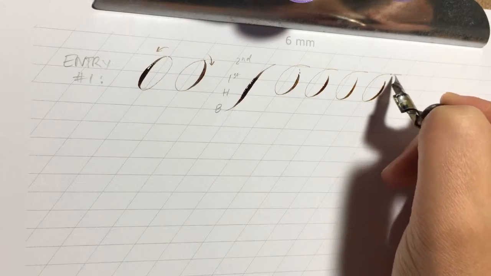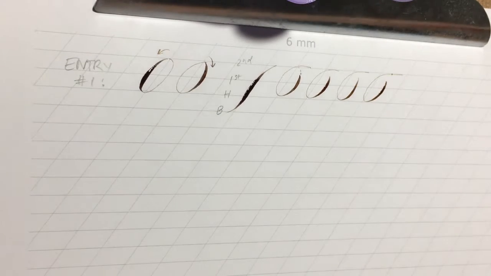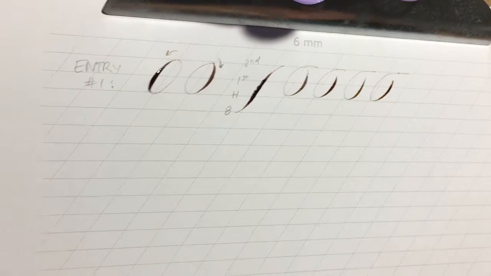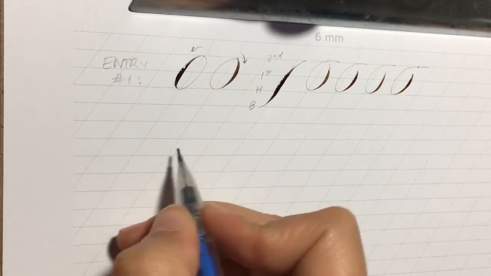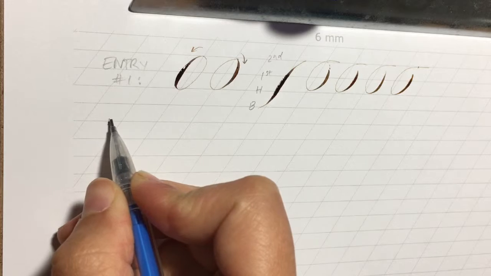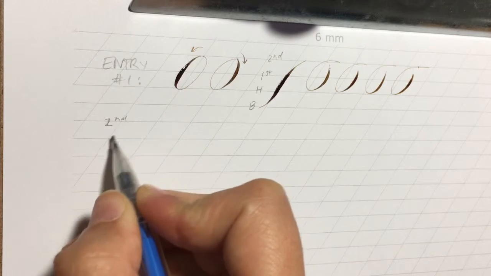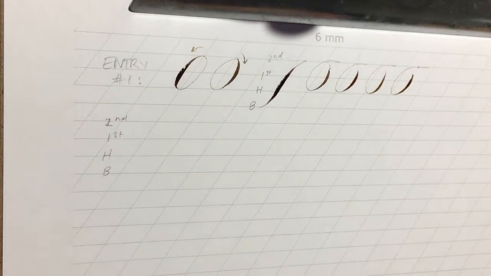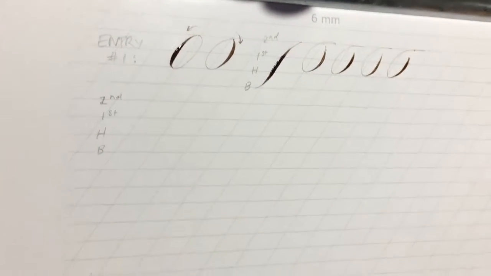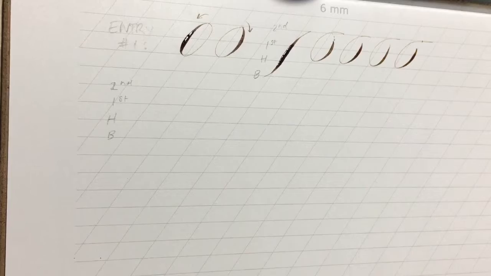Now I'm going to show you 3 variations, and all of them have this part the same, and then once you get to about this point, there are 3 different ways to end it. The first one is the most simple. Let's call this our second ascender, first header, and baseline. When you're practicing these shapes individually, it doesn't really matter, but just for some context for later on.